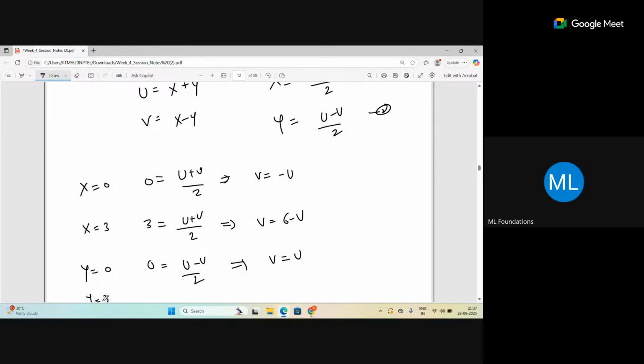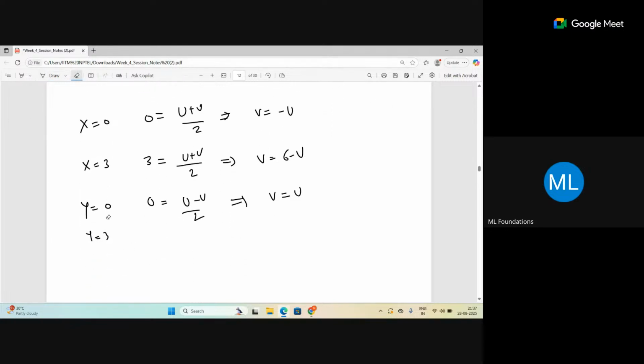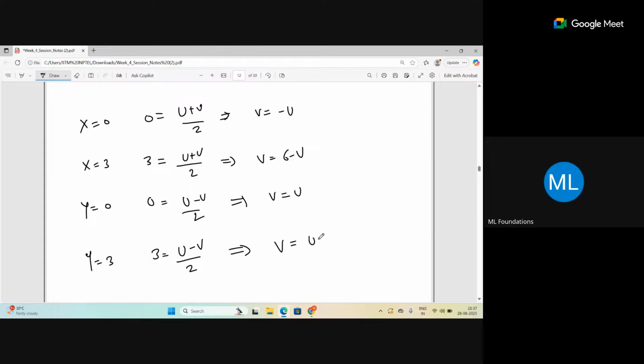And y equal to 3 is 3 equal to (u minus v) by 2, and that gives me v as u minus 6, right? Okay, is that correct?